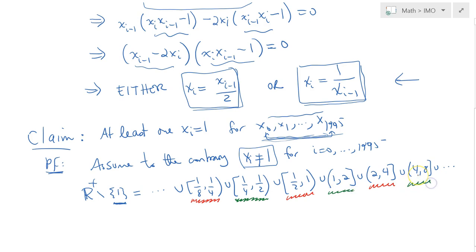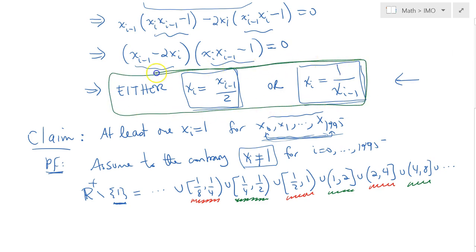So I alternately color these intervals in the following fashion, and then I claim that this recursive form of defining each subsequent x sub i in this manner implies that the consecutive x sub i's in this list would fall onto different colors.